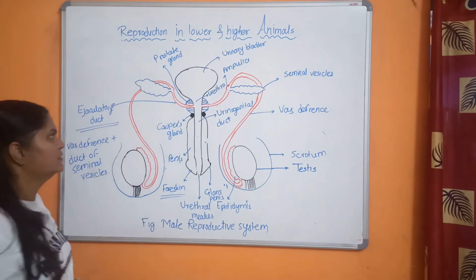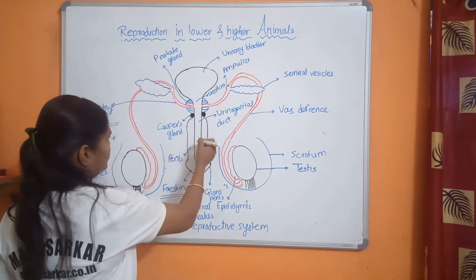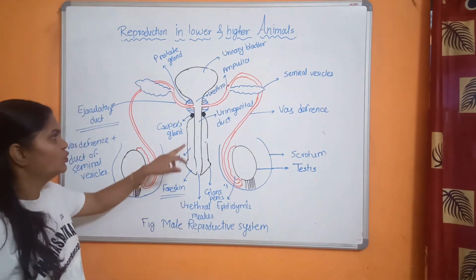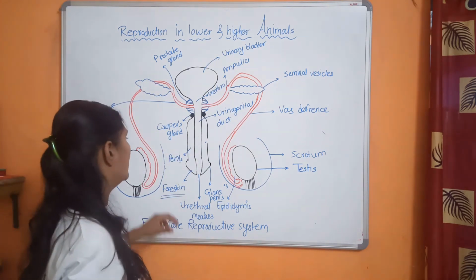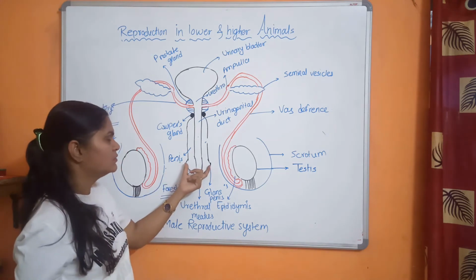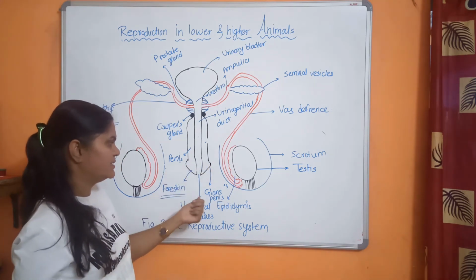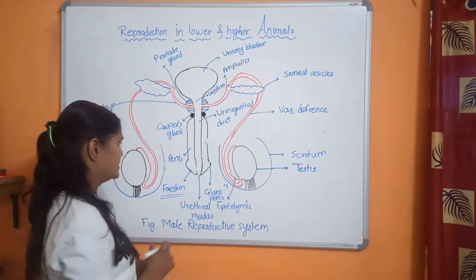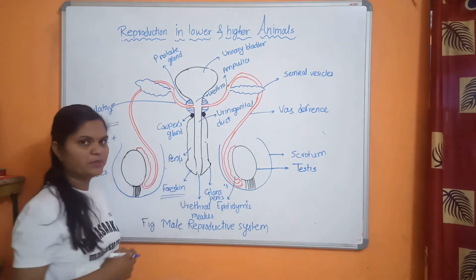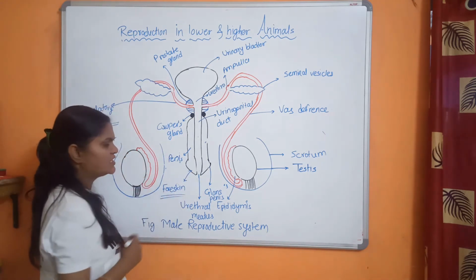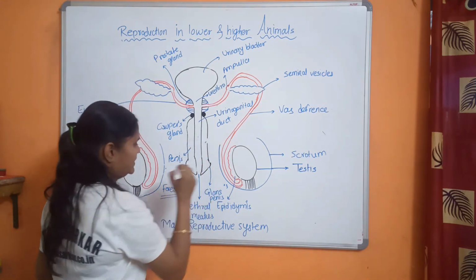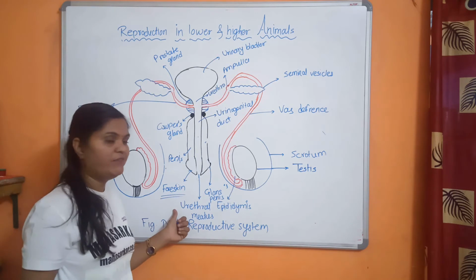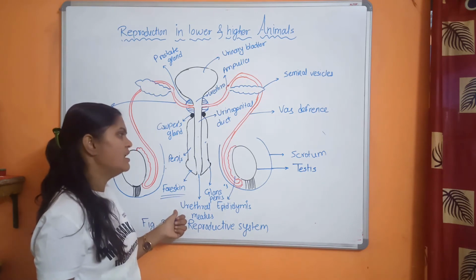Now the urethra opens through the penis, the external genitalia in males, and the tip region of the penis is called the glans penis, near which a loose fold of skin, the foreskin or prepuce, is present. The opening of the urethra is also called the urethral orifice or urethral meatus.